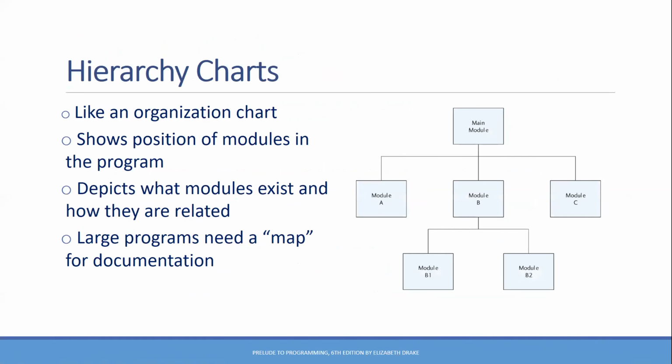Then that main module would call our input module, our process or calculations module, and our output module. So this chart here is a hierarchy chart.